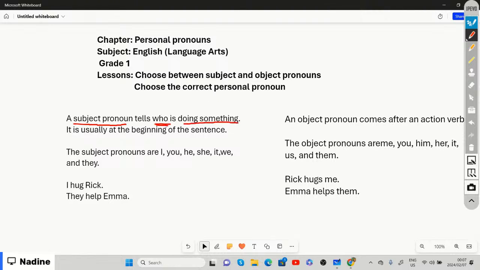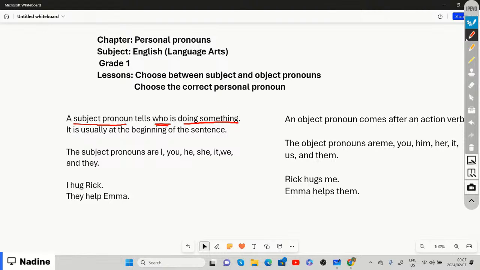It's either a person or a thing, but who is doing something. So that is a subject pronoun.